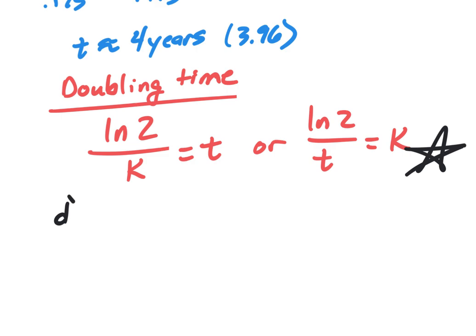And then the last part, how long will it take the car value to reach $50 million? Okay. There's a couple different ways you could do this, but we would have to put 50 million in.